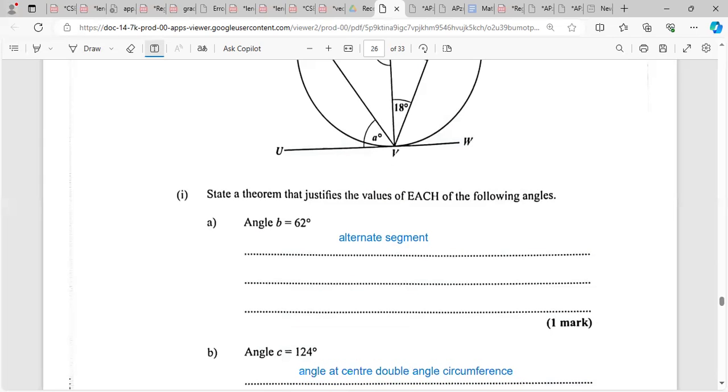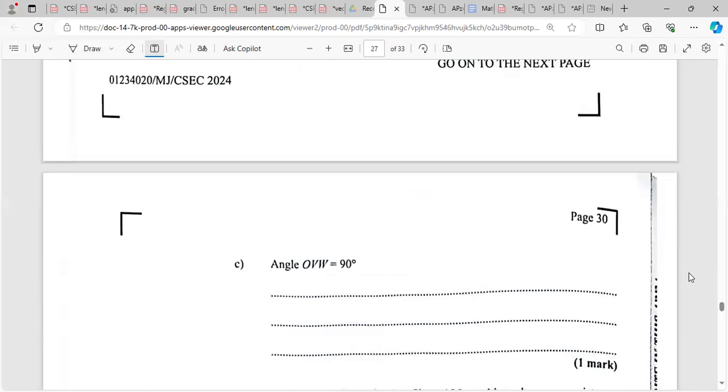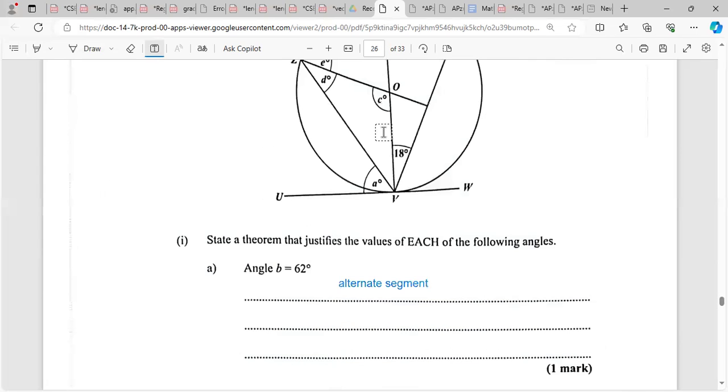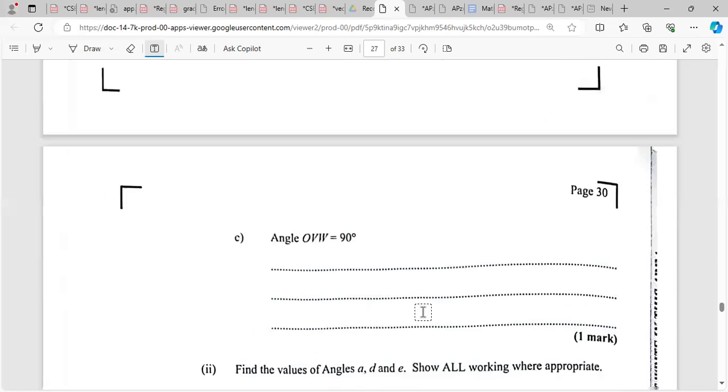What else? Let's say angle OVW is 90. Angle between tangent and radius. Tangent, radius.